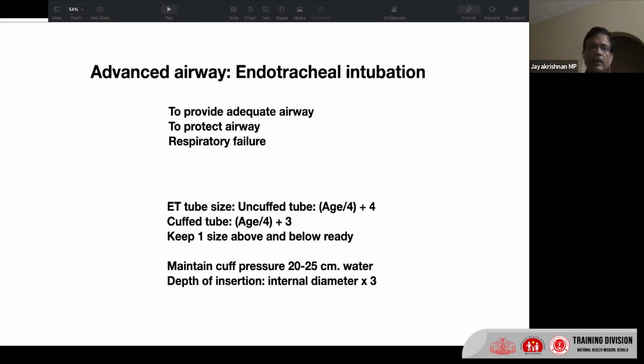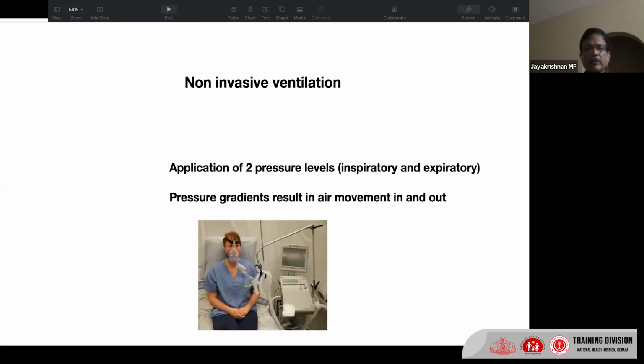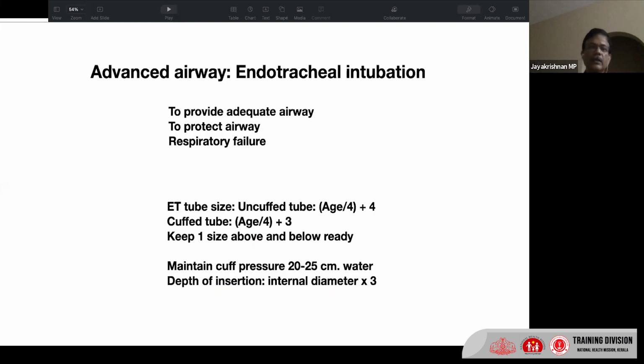So suppose this non-invasive ventilation also fails, you may have to resort to endotracheal intubation. That's the last resort. Endotracheal intubation is to provide an adequate airway, because if the airway is blocked you may sometimes have to intervene. For example, a child having severe upper airway obstruction, like epiglottitis, which fortunately is not very common nowadays.